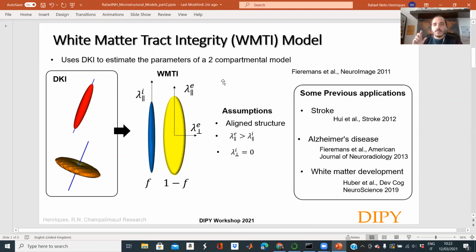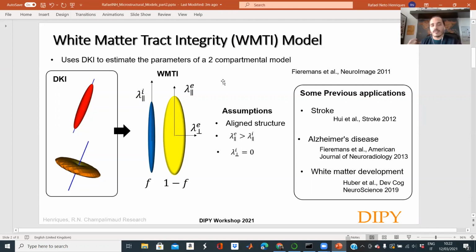This is done because the diffusion tensor can be extracted with a fitting approach that has a unique solution, so the estimates from the white matter tract integrity model avoid the problems of non-linear least squares fitting approaches.